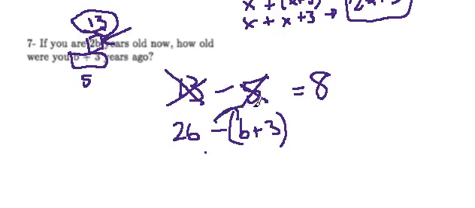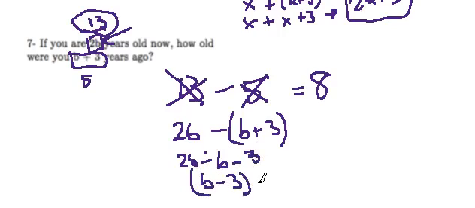I'm going to be distributing that negative, turning both of those negative like that. So I make sure to put this in brackets here. And now if I want to simplify, 2b minus b minus 3 becomes b minus 3 was my age in years, b plus 3 years ago.